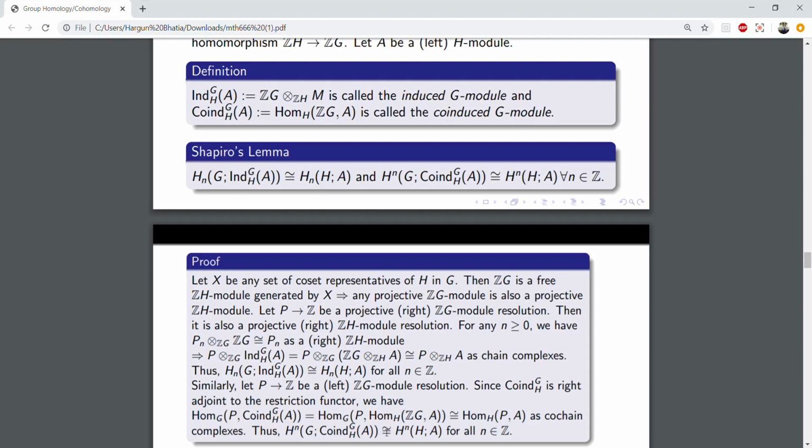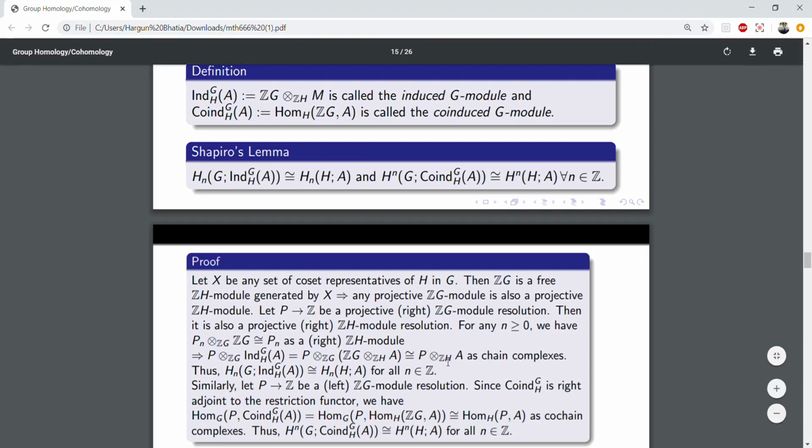So this is nothing but P tensored with A over ZH. As a chain complex this is isomorphic to the other chain complex, and the homology of this is the group homology of G, and the homology of this one is this homology. So therefore these are isomorphic.